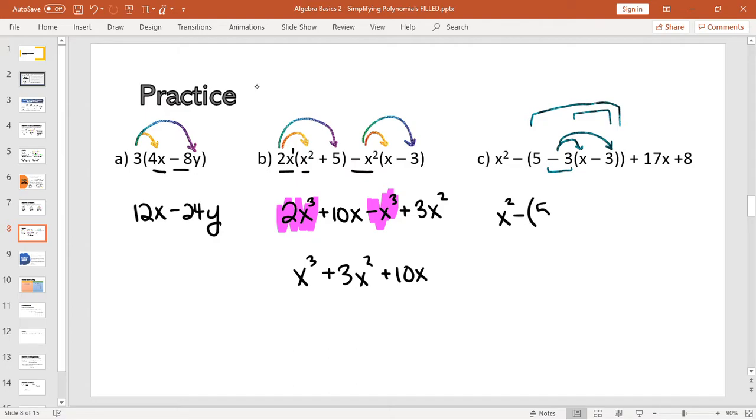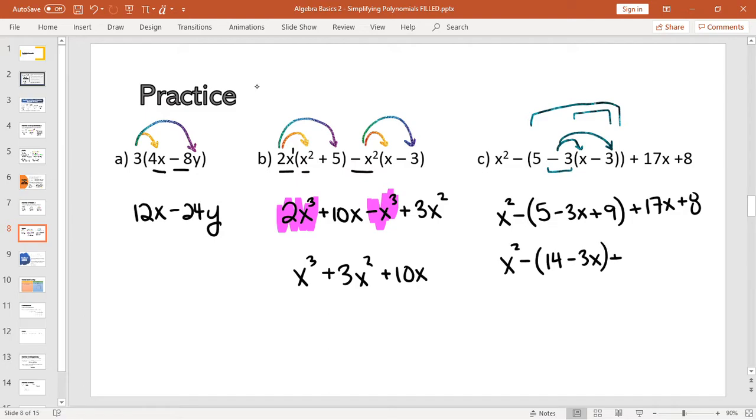I leave the 5, distribute the negative 3 to the x, and distribute the negative 3 to the other negative 3, positive 9. I can clean up within these brackets before I do the distribution of the negative. So I'm just going to clean that up. 5 plus 9 is 14.